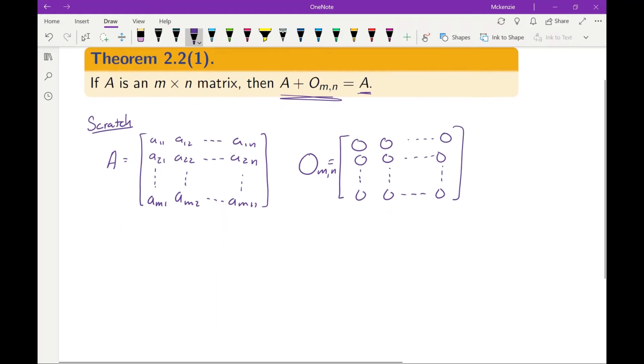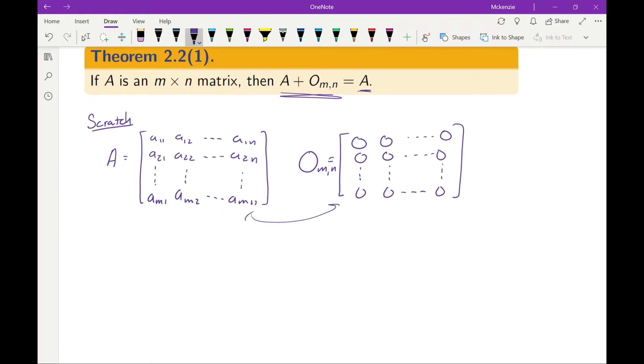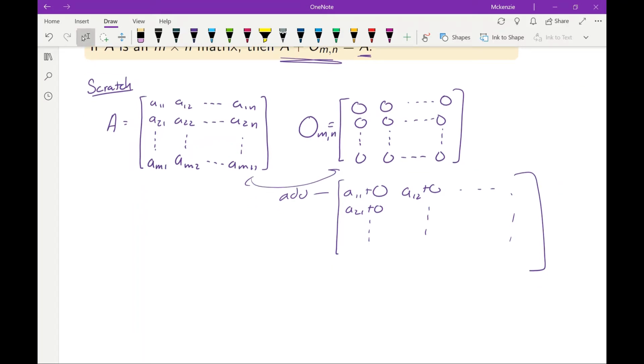Right? So if we imagine adding these two things together, we're just going to get A11 plus 0, A12 plus 0, etc. Right? So ultimately we are just going to get the entries of A back.